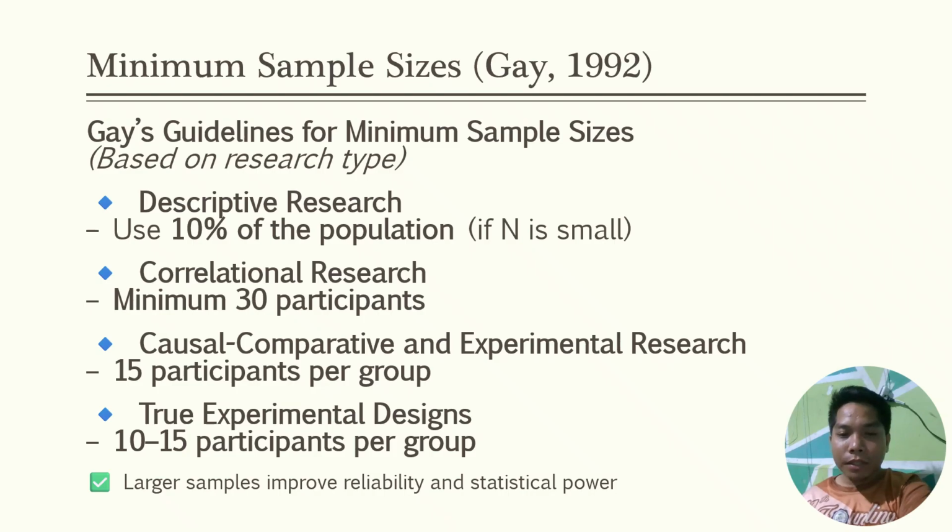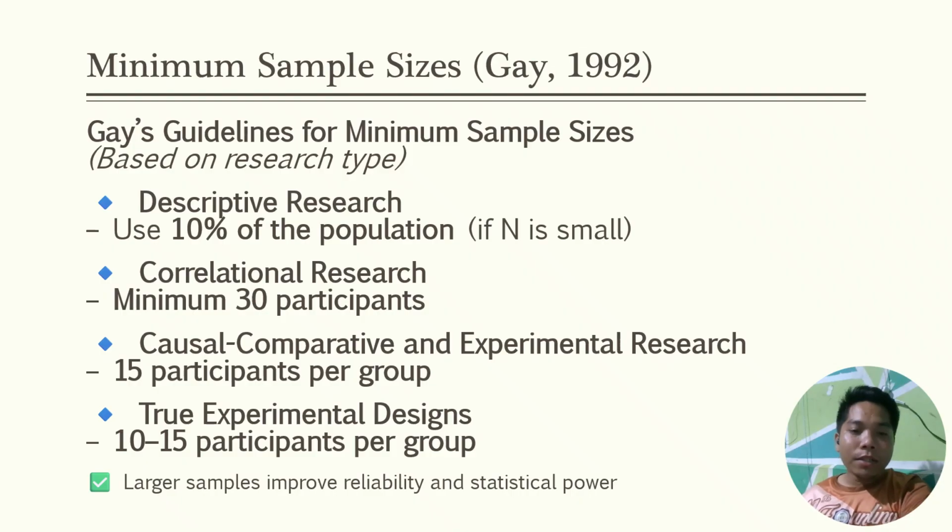In descriptive research, you can use 10% of the population size if the population is small. For a correlational study, a minimum of 30 participants. For causal comparative and experimental research, this is in groups, so you need at least 15 participants per group. In true experimental design, you need at least 10 to 15 participants per group.